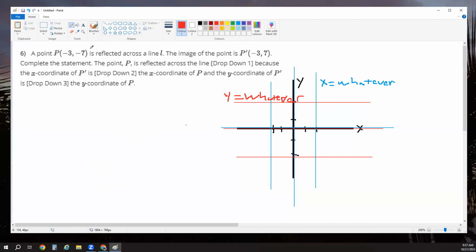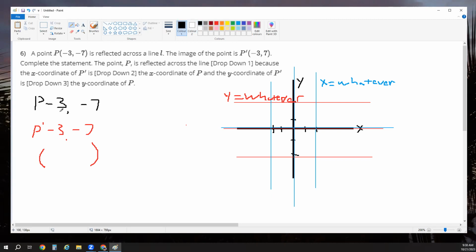Okay, so here we go. So let's put up P prime. Okay, and then let's start with P and then P prime, and then put up the comparison of P in terms of P prime.